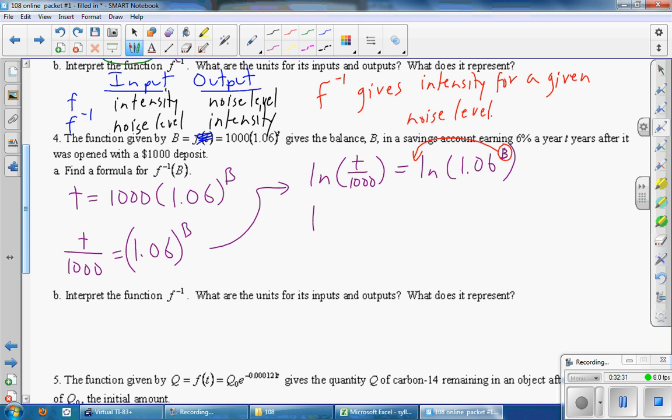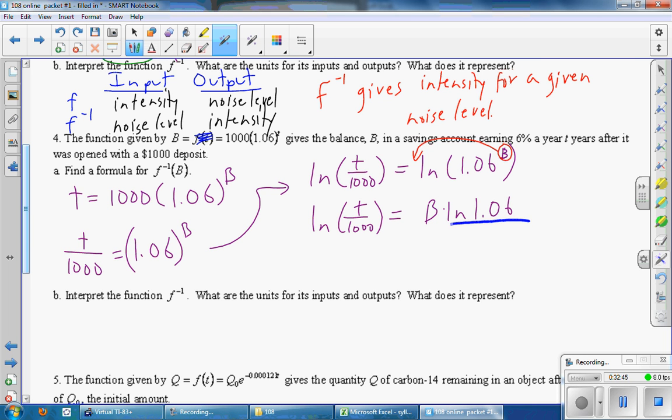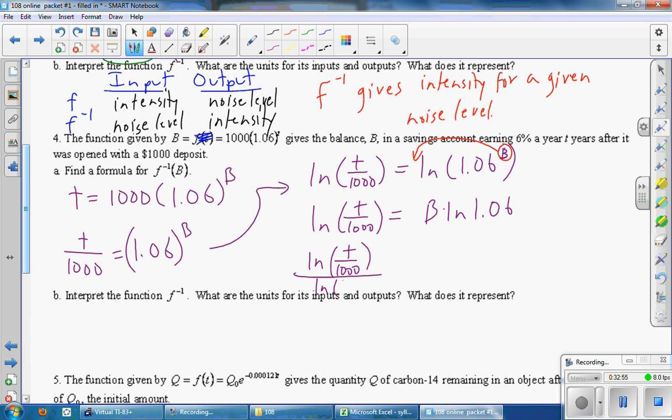So the left-hand side will copy, and the exponent comes to the front. I'll put a dot here to make it really clear it's multiplication, and then finally solve for b by dividing both sides by ln 1.06. Okay, so that's b, and then we want to finish this one up by using the good notation.